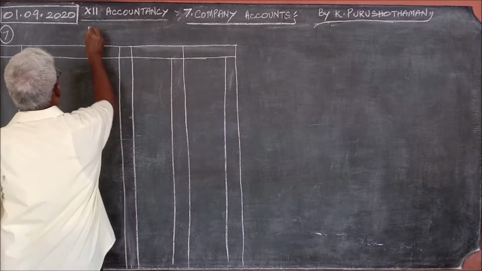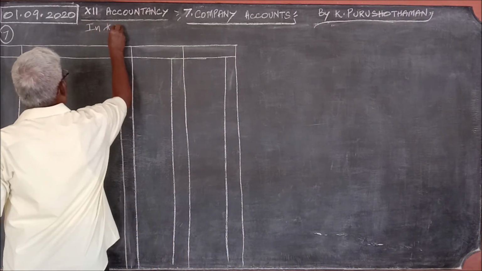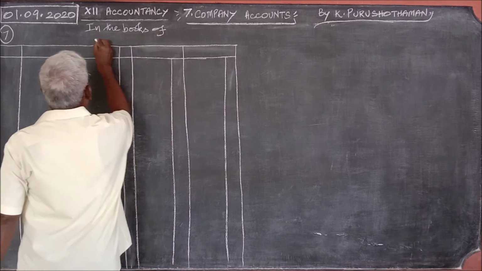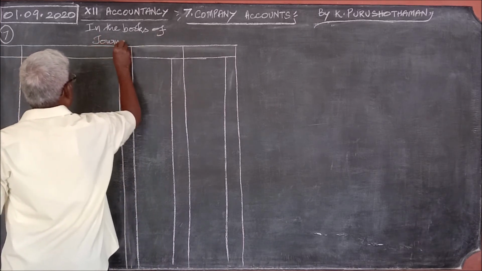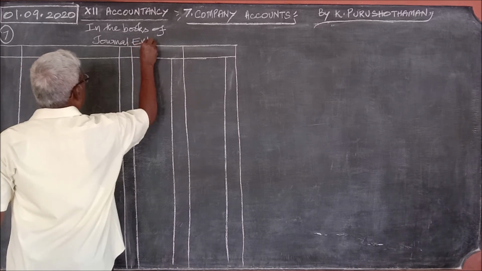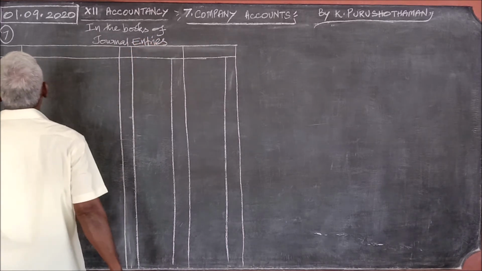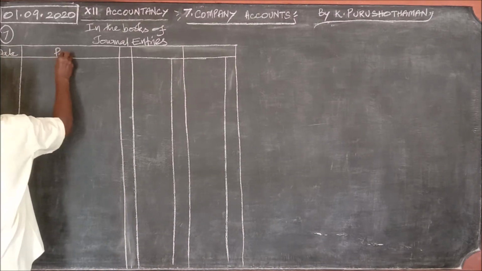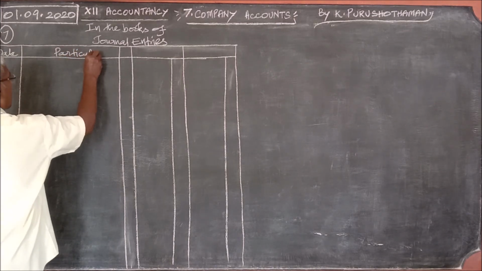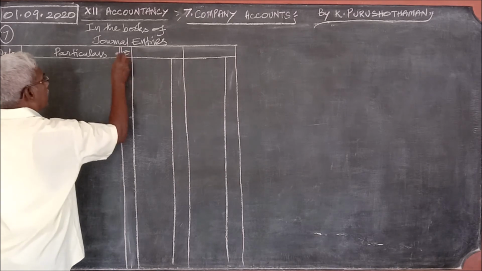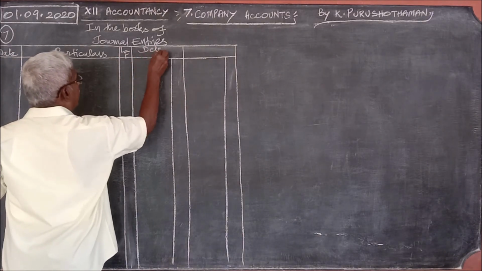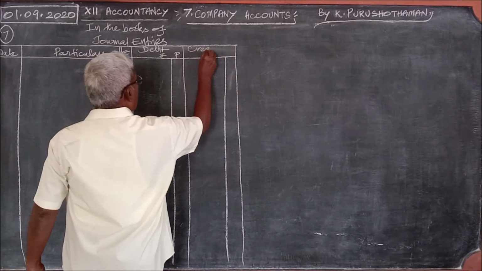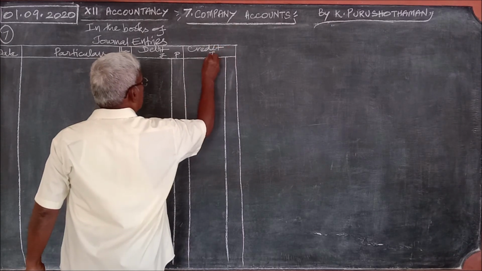This is in the books of, the name we should write, then journal entries, and this is date, particulars, ledger folio, debit rupees, credit rupees.